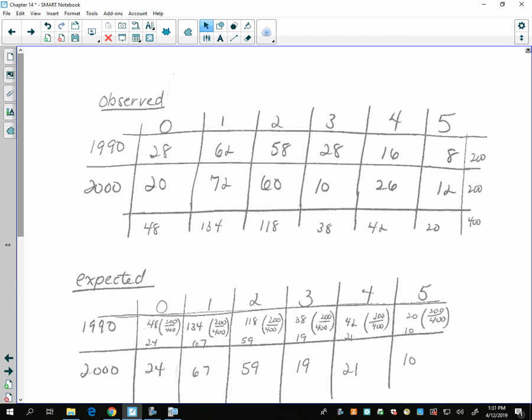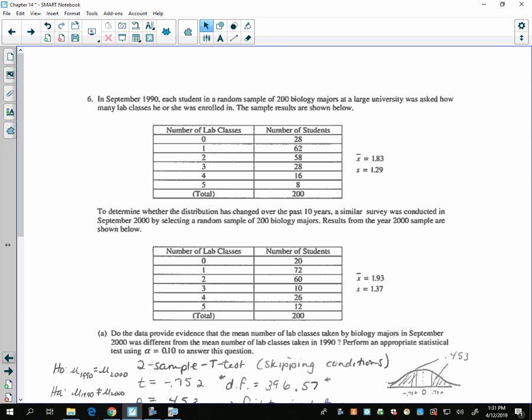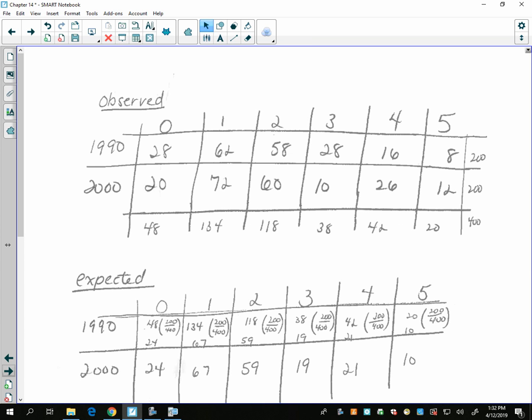Now, usually in both the goodness of fit test and the test of association, the observed is more obvious. This was number 6 on the free response, so you actually had to come up with the distribution, you had to come up with the observed cell counts.